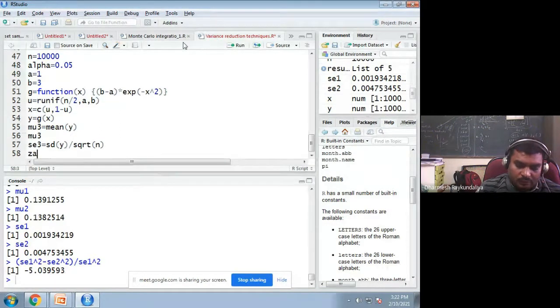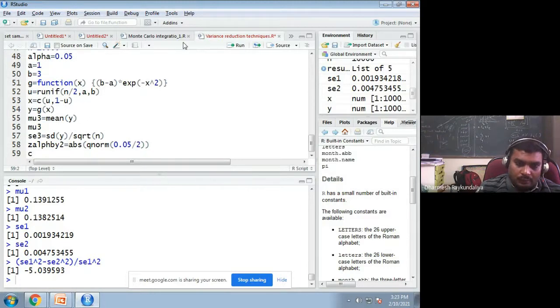Then Z alpha by 2 is nothing but the absolute value of qnorm. Why absolute? Because I need a positive value, 0.05 divided by 2.